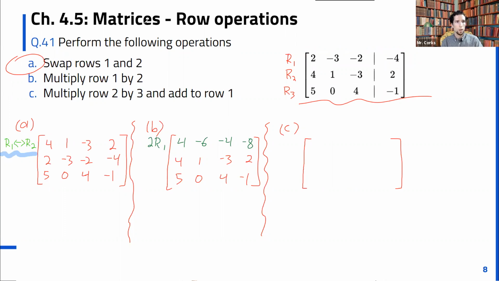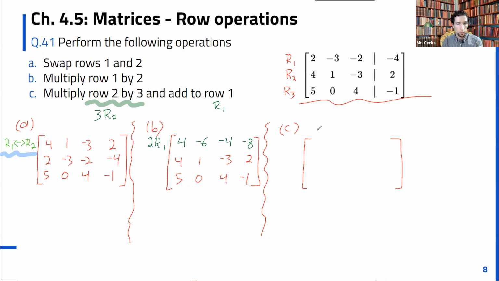So for this one, we are being asked to multiply row 2 by 3 and add the result to row 1. So this will be row 2, and we're going to multiply it by 3, and then we are going to add that to row 1.